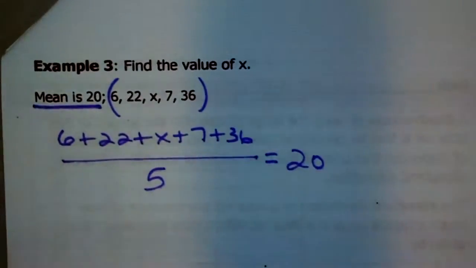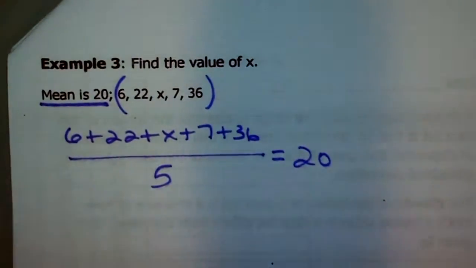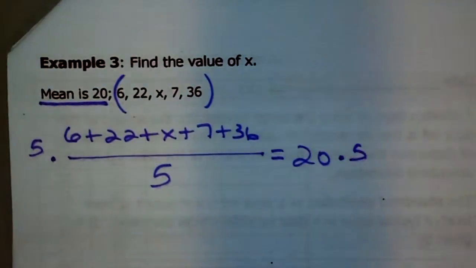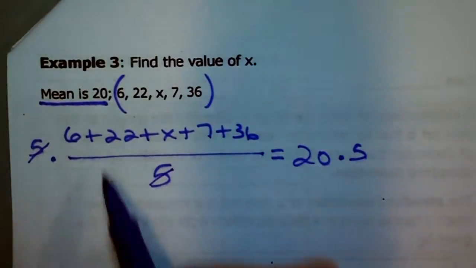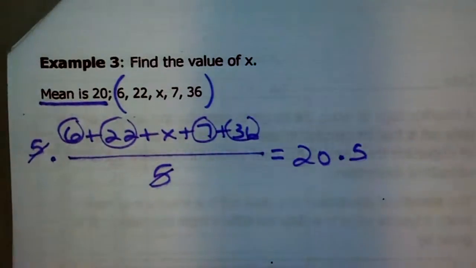Now we just need to solve this equation. So hopefully you remember how to get rid of this 5 in the denominator spot. That's what you want to happen first. So multiply each side by 5. That's how you undo division. When you do that, those 5s will cancel. And I'm going to go ahead and combine my like terms right now. So I'm going to take 6 plus 22 plus 7 plus 36, and I get 71.